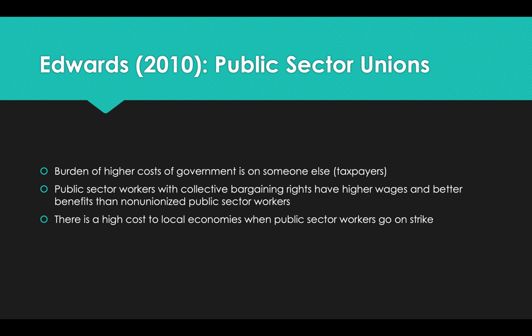Now, there are some counterarguments to be made for all of these points, but this is the point being made here, and that the solution then is to take away collective bargaining rights from public employees.